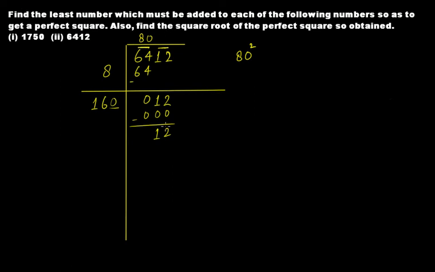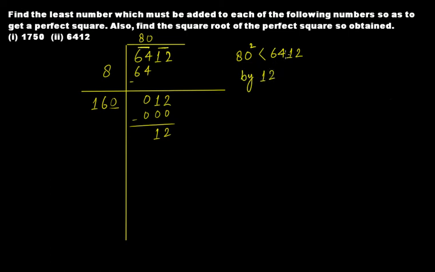This is not a square number because we are getting a remainder. It means that this number is actually greater than 80 squared by 12, right? So 80 squared is actually less than 6412 by 12.